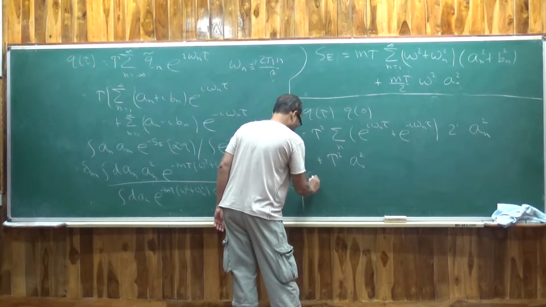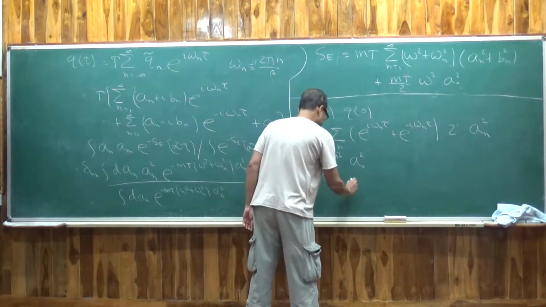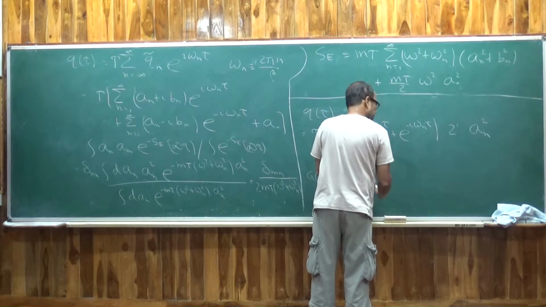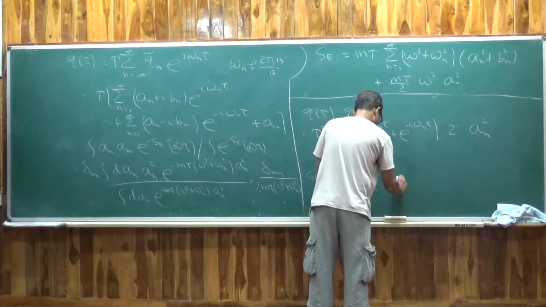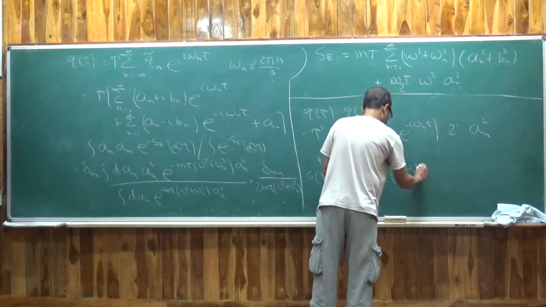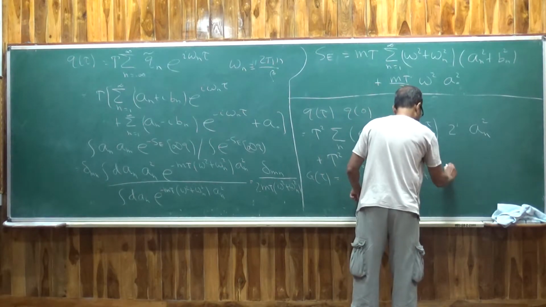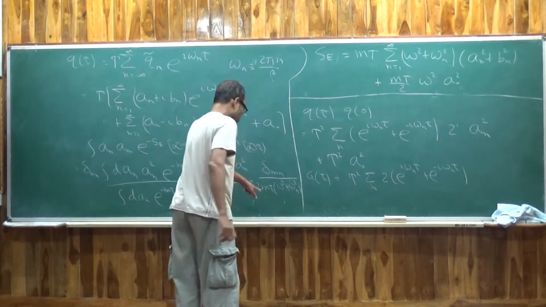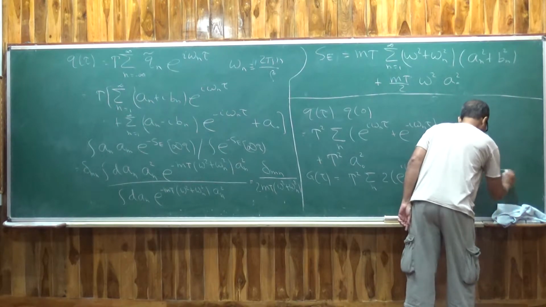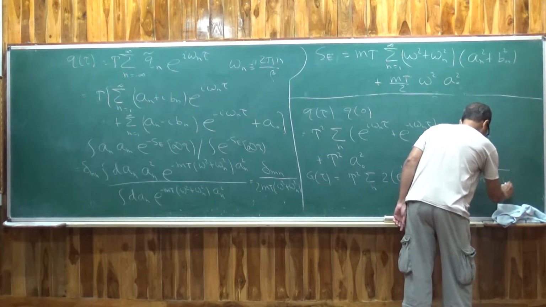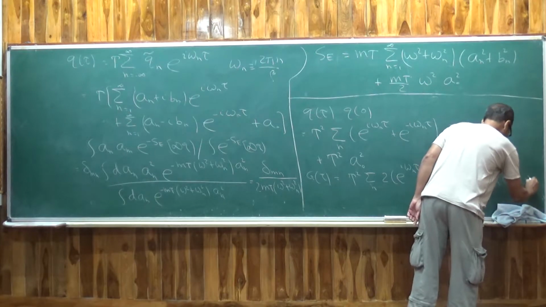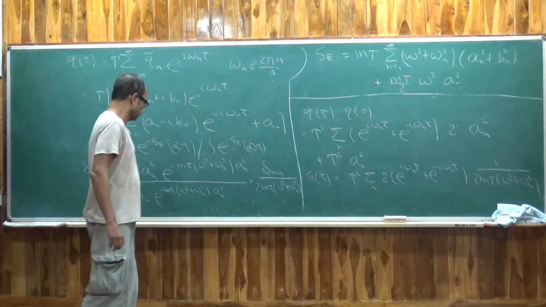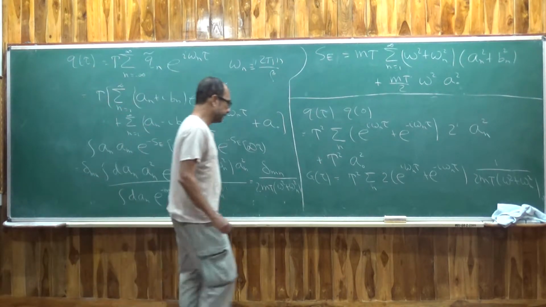So G of tau will be given by T square sum over n, 2 times e to the i omega n tau plus e to the minus i omega n tau, times 1 over 2 mt omega square plus omega n square, plus T square.